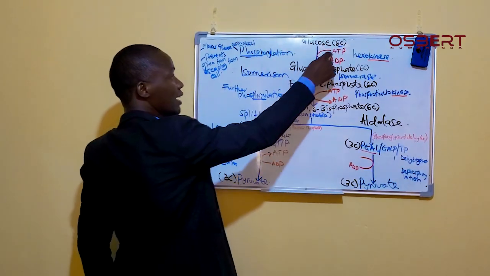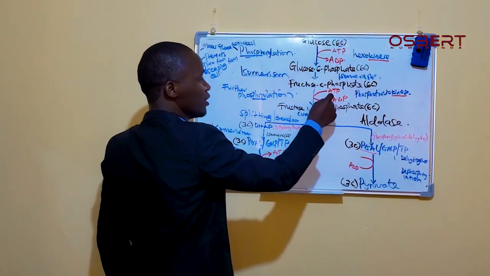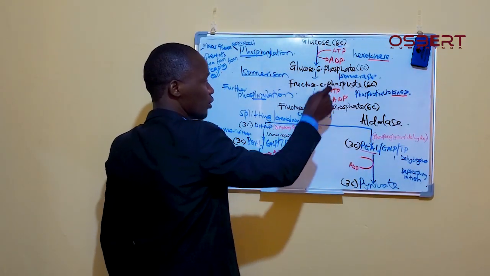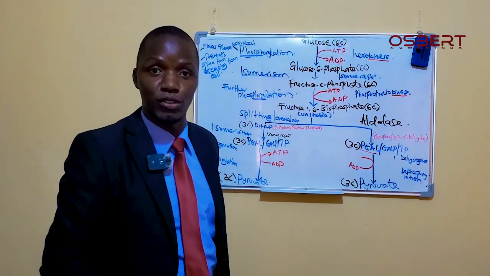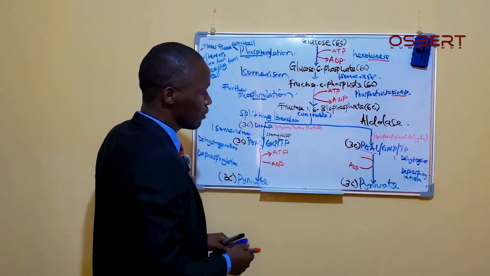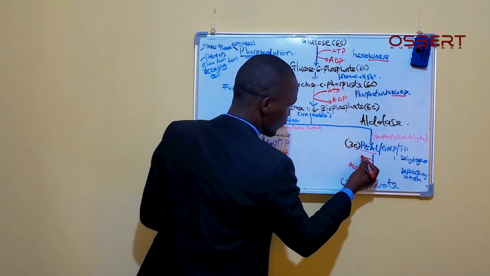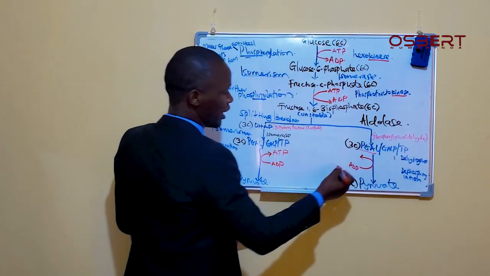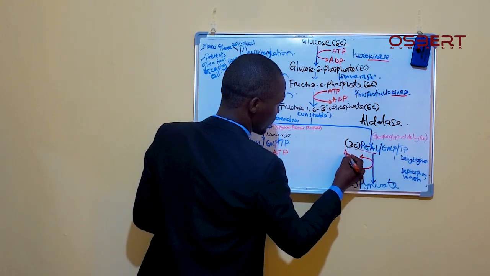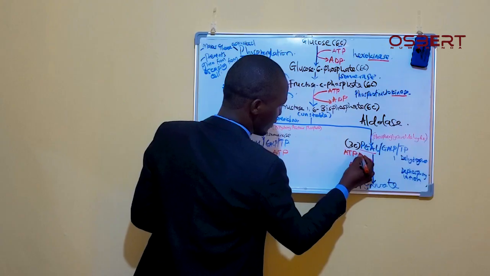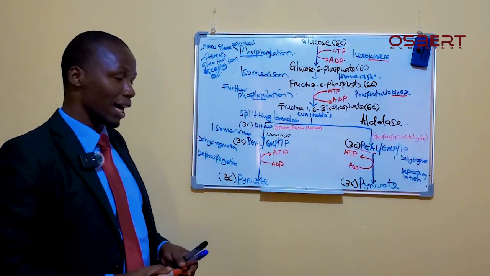So here we had 2 ATPs being used as capital. Now it's time for us to get the profits. So the ADP comes and says, hello, give me my phosphate back. The ADP picks the phosphate and it now again becomes ATP.